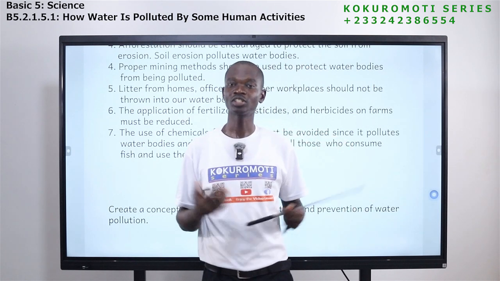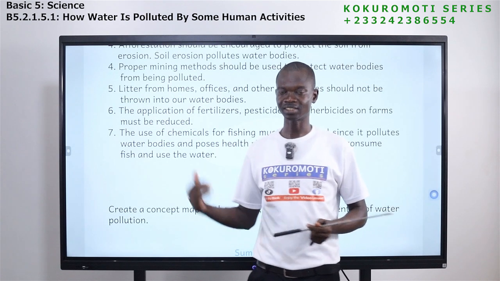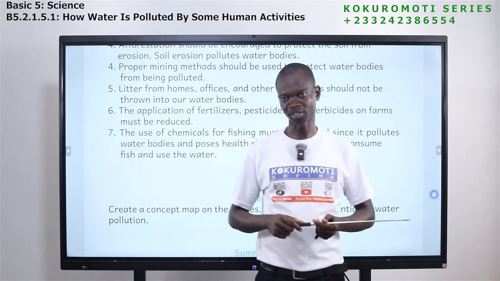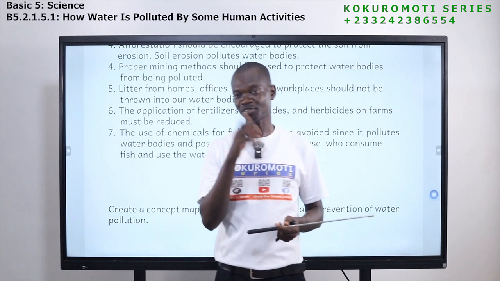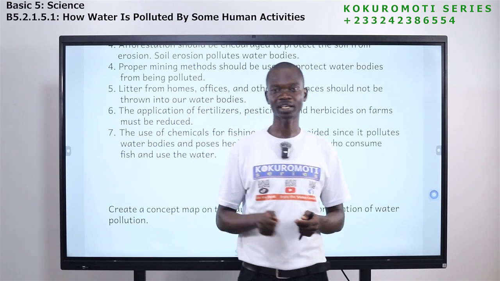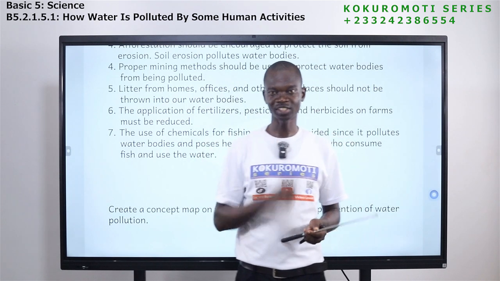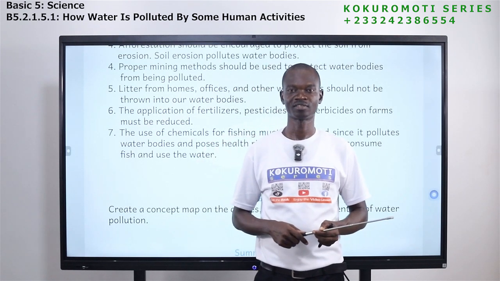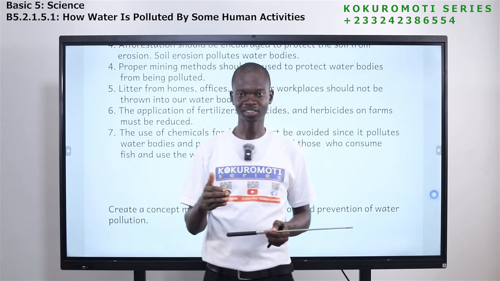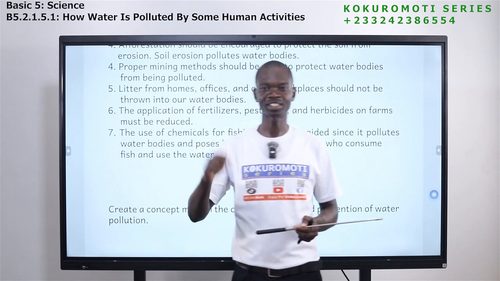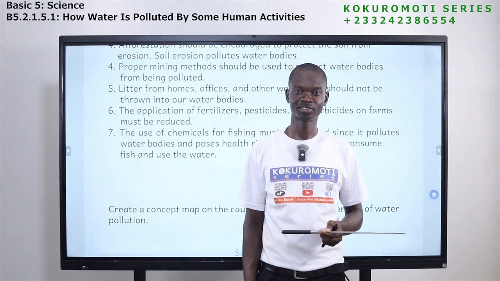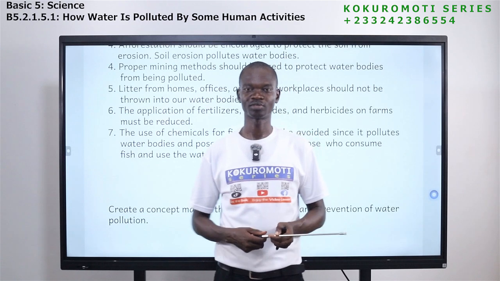If your father, or someone you know, does this, be bold, go to the person, tell the person to stop it. Otherwise, one day the fish that you buy from the market will be the fish that was poisoned by that person. And you know the effects. The animal has died, the fish has died because of poison. You are going to eat the animal, and we are going to be poisoned too.